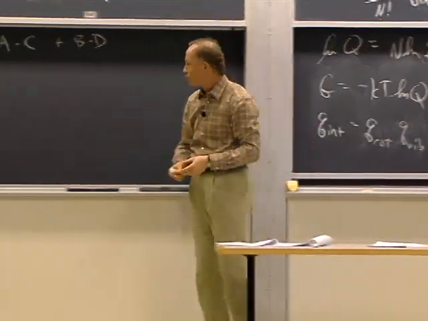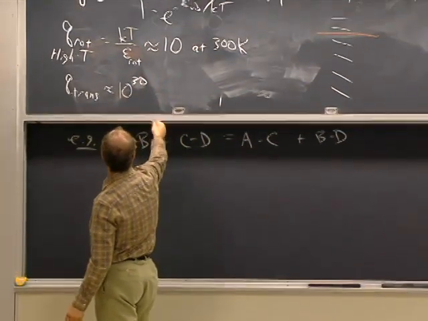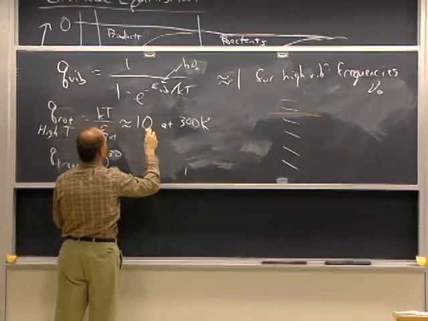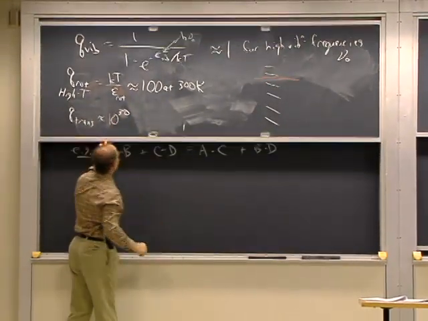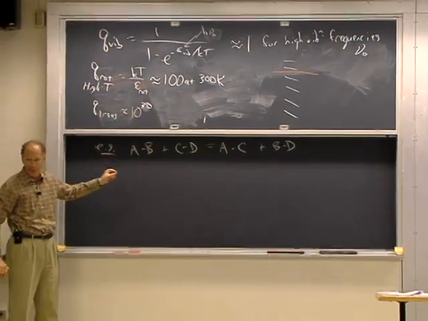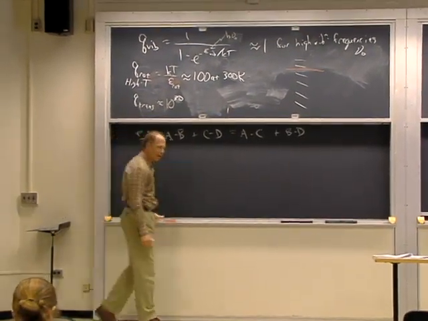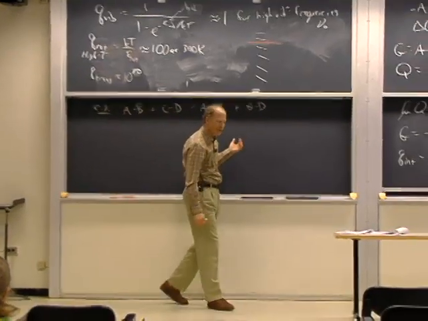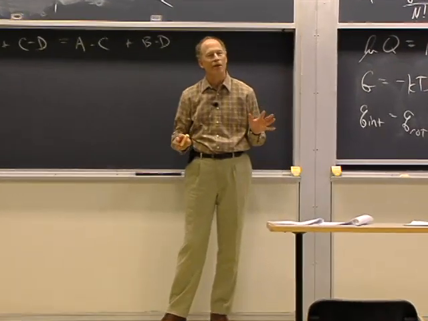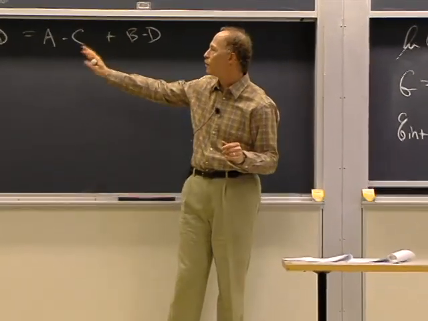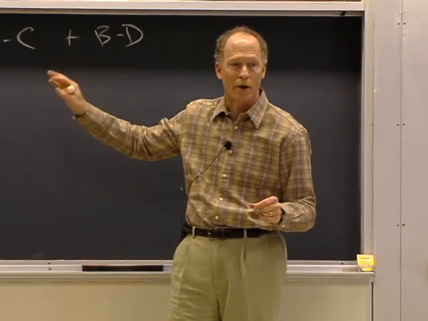Finally, the rotations. So for the rotations, our partition function is something on the order of, I think I meant to write 100, not 10 here, as our order of magnitude. That's what it's going to be. It's a number on that order. And if we assume that the masses of the atoms involved are comparable, then we can cheat a little bit and say those numbers are also going to be comparable for the reactants and the products.